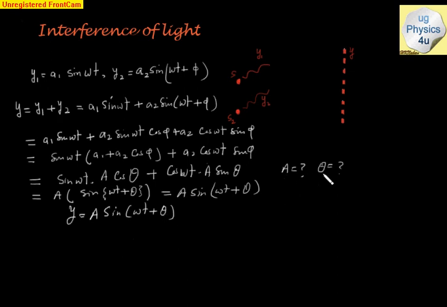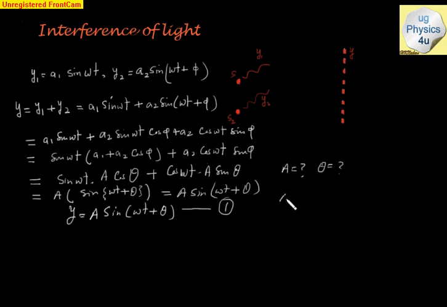As A is unknown and theta is unknown, in terms of A and theta we will find these. That means to find whether it is maximum brightness or darkness, I should know what A and theta are. Let me mark this as equation 1. I have to find what A is and what theta is.